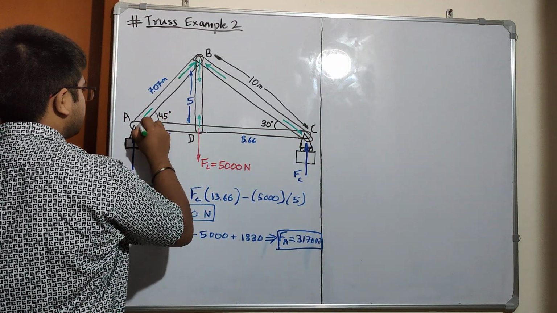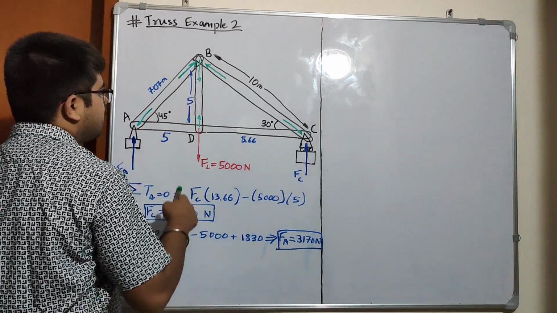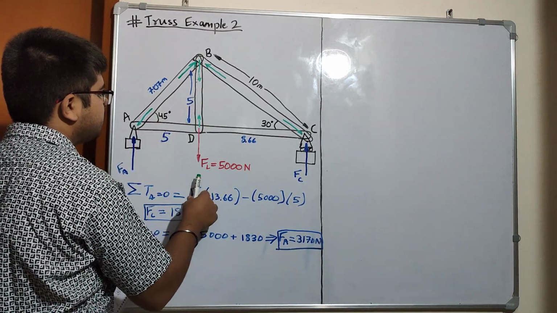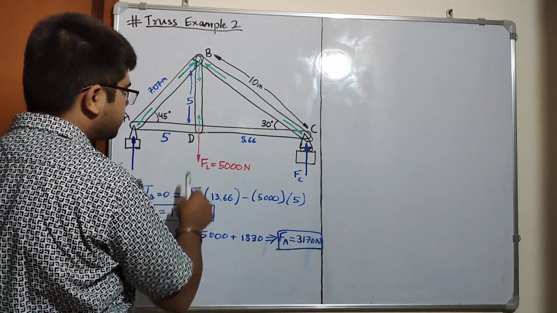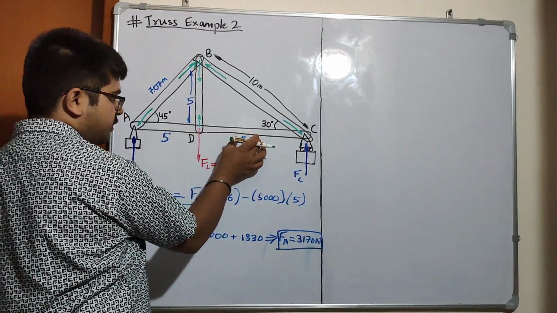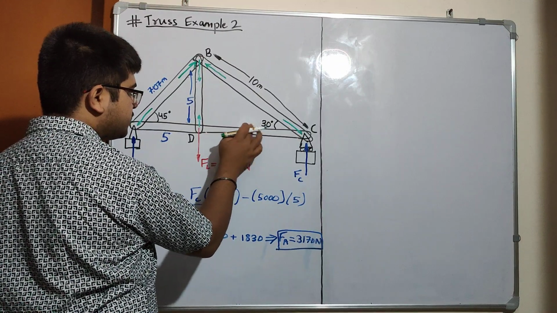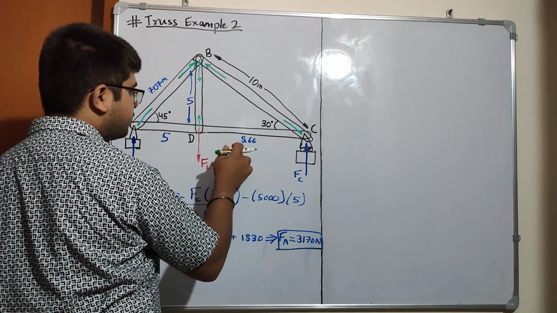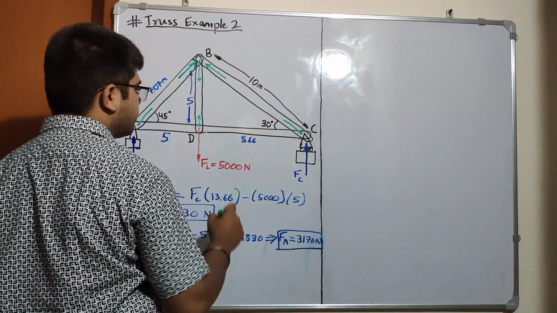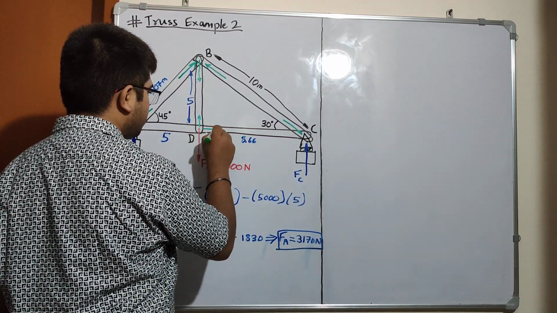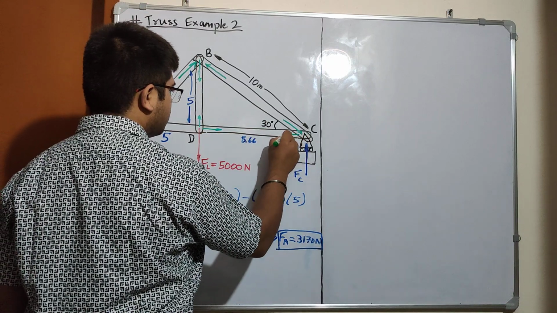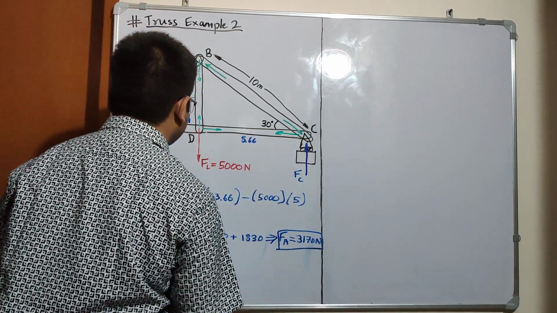and this direction. Now if this force is pulling this member, then this will have a tension force in this member. So the internal force will be to compress the member. So we will have in this direction force, in this direction force.